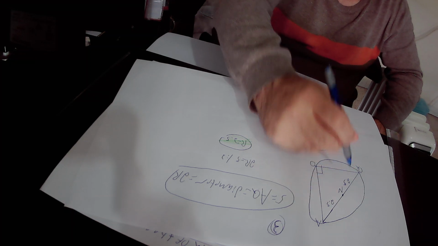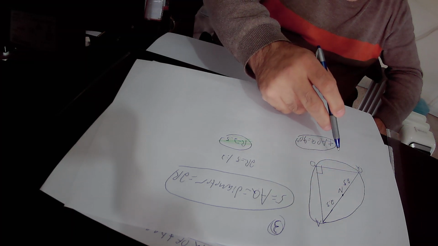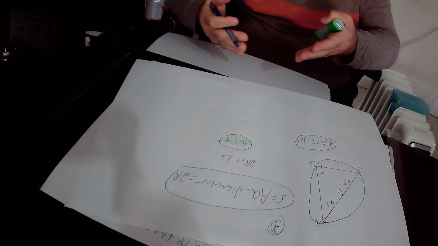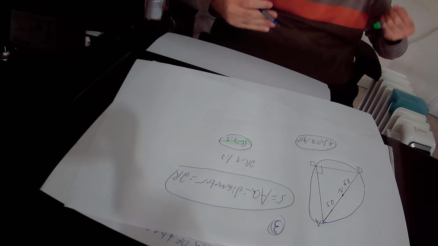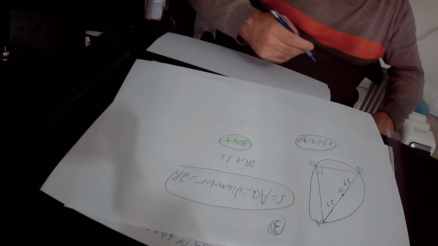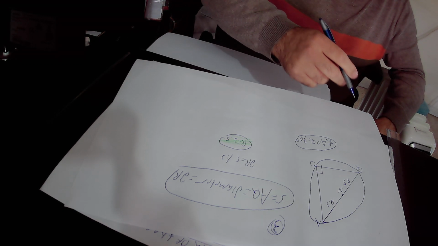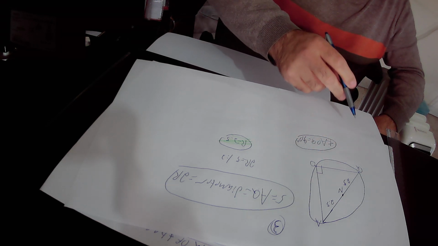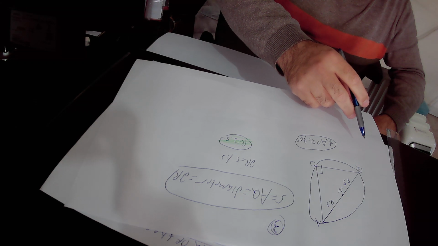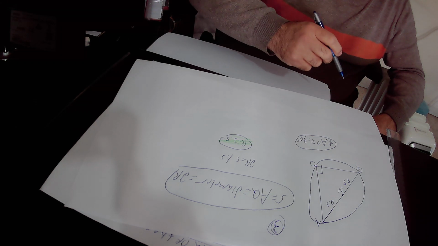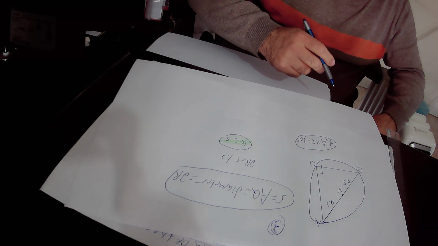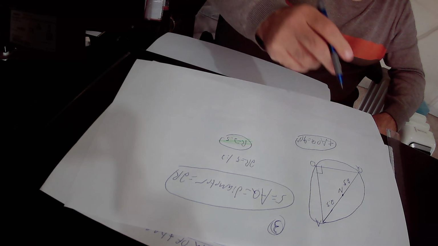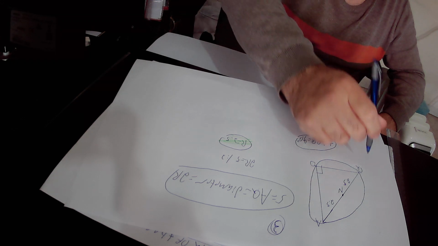But we just found out that the radius also equals 2.5 units. Therefore, QA is the diameter, and QN equals 2.5, the same as the radius, so QN must be the radius of this circle.